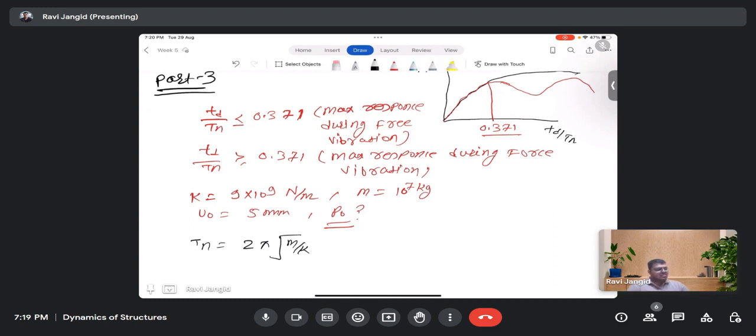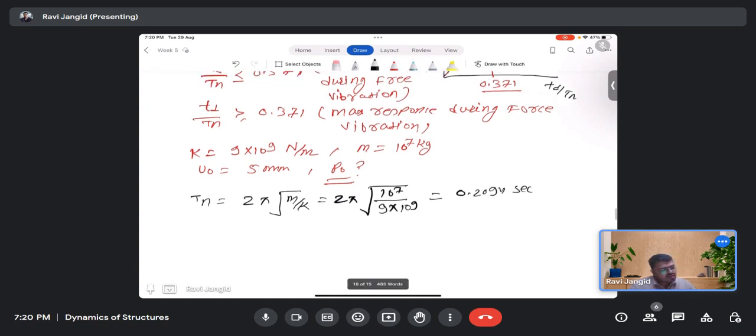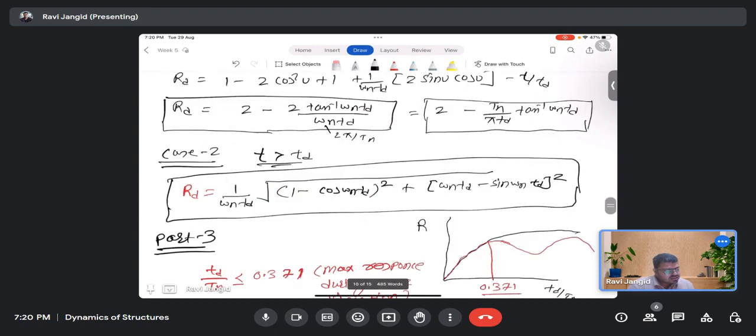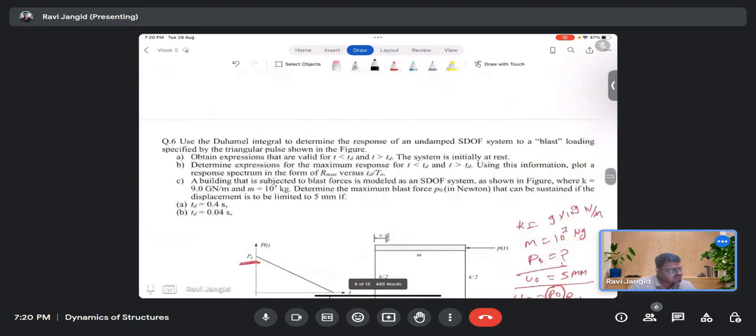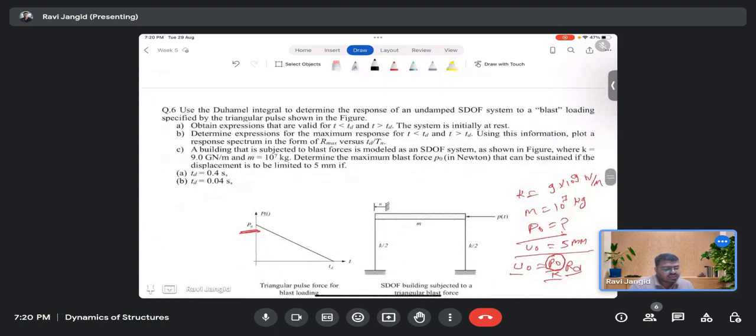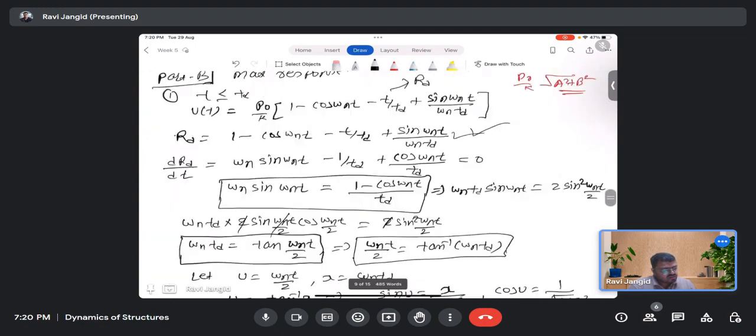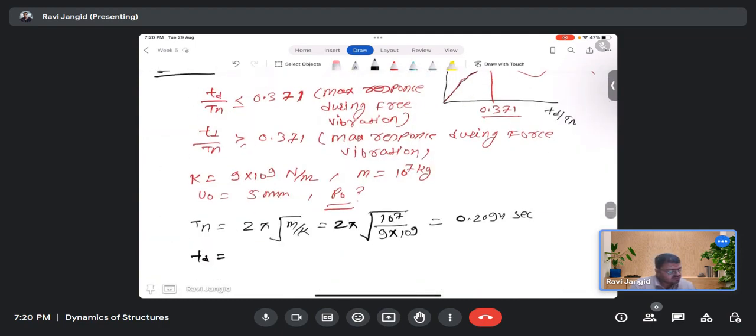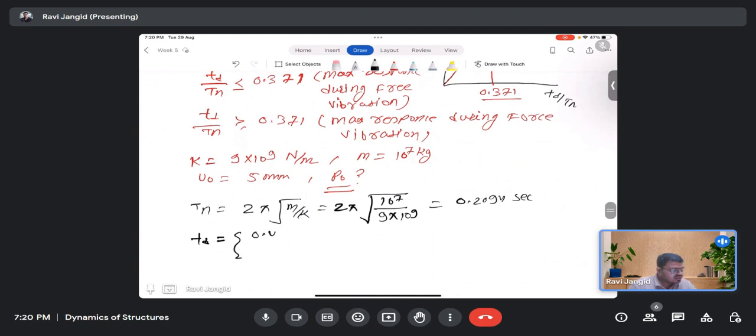0.209. Yes, so your Tn would be 2 pi root of 10 raised to power 7 over 9 into 10 raised to power 9, so we are getting 0.2094 second. Now our TD is given in the question itself, as we have two cases, A and B. For the first case we are given two TDs, one is 0.4 second and one is 0.04 second.